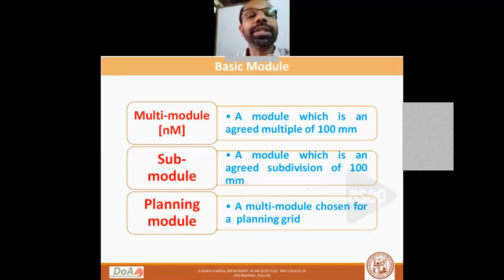Multi-module is denoted as small n and capital M. Then submodules: a module which is an agreed subdivision of 100 mm is a submodule. And finally, the planning module is a module chosen for planning a grid. So it is associated with the planning of grid. This is known as a planning module.